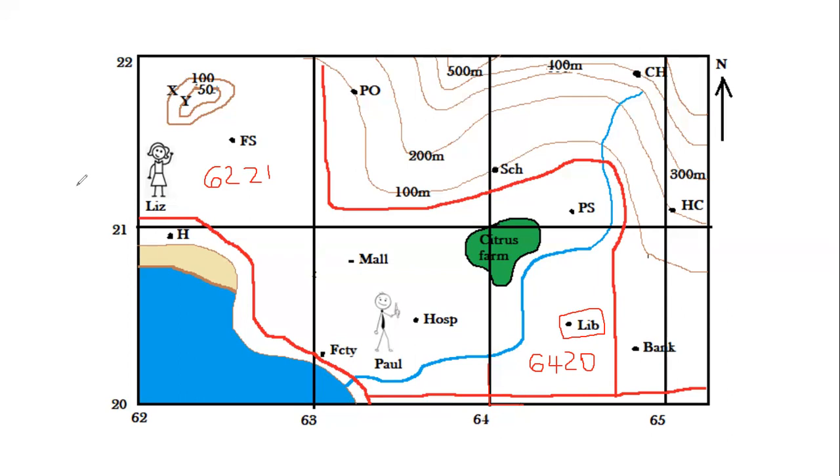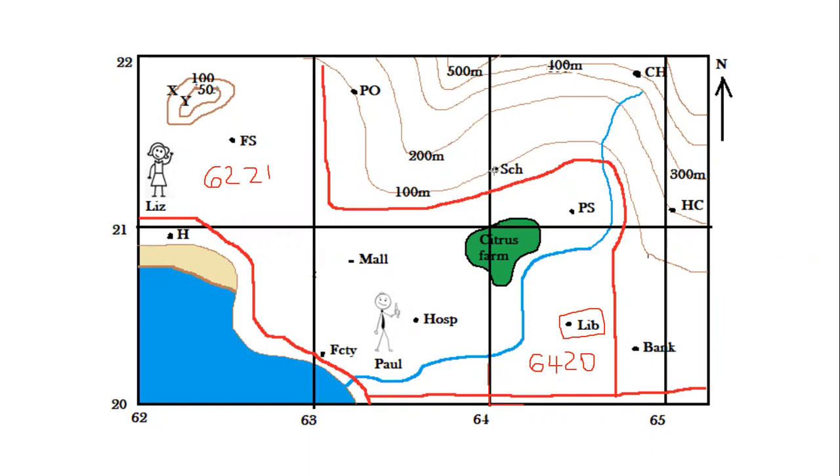Now, when we're finding direction, we need to decide between 2 things: our current location and what we're trying to find. In this case, Liz's current location is the library, and what she's trying to find is the school.